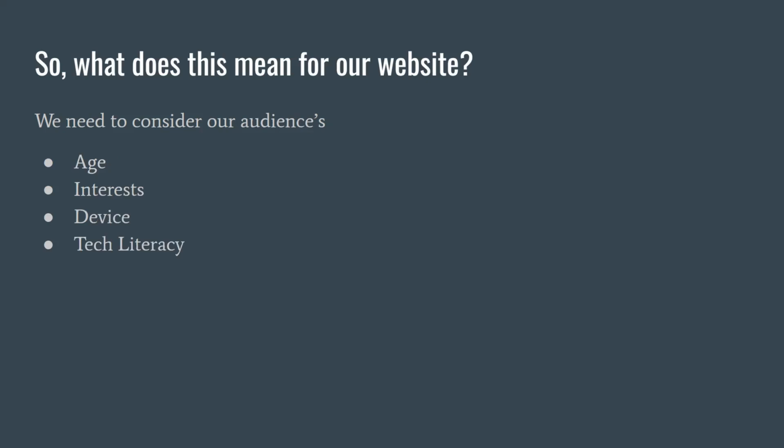So for our audience, we need to consider basically their whole demographics, right? Their age, interests, device, tech literacy. And again, we have a nice, easy audience here. It's computer science students at Wayne State. So their ages would mostly be between 18 and 24-ish.